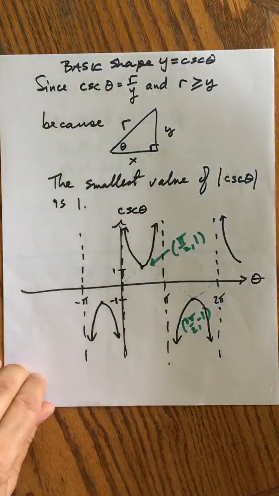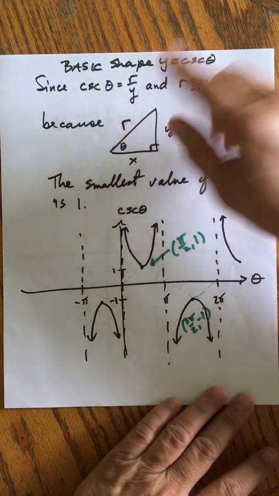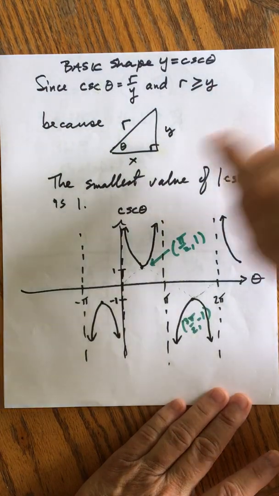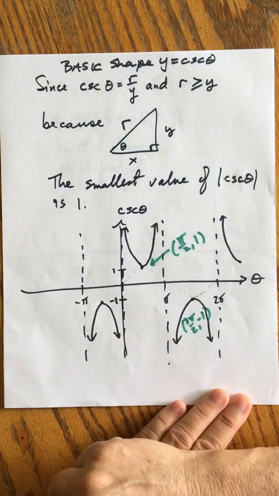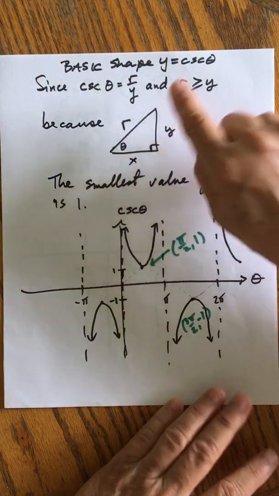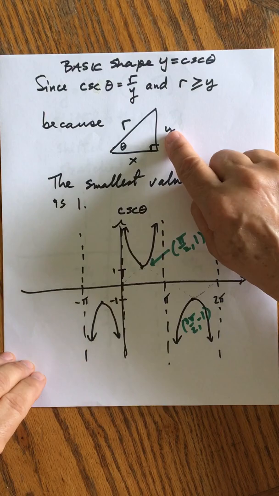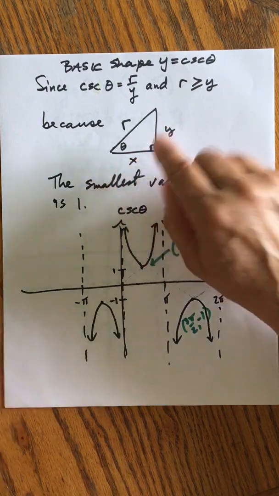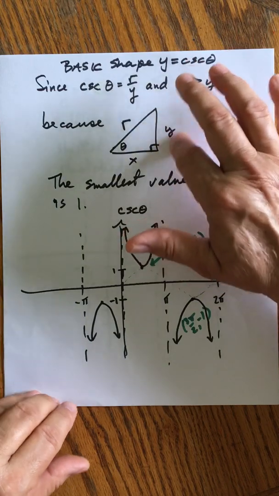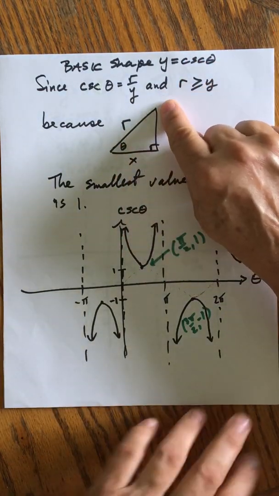And I just wanted to remind you why that is, because remember, cosecant of theta is 1 over y if you're on the unit circle, but if you're talking about any size circle, it's r over y. And when you look at the shape of the right triangle, the r is the hypotenuse or the radius of the circle, and then y or x, either one, of course x would be for secant, but for cosecant, when you're talking about y, this length cannot exceed the length of the radius.